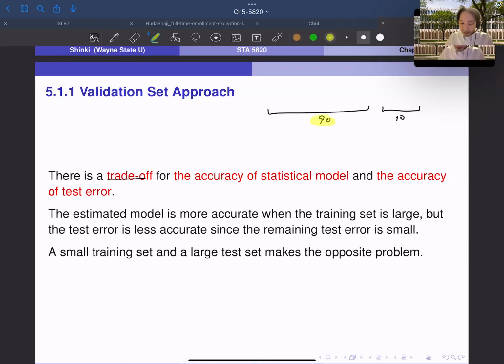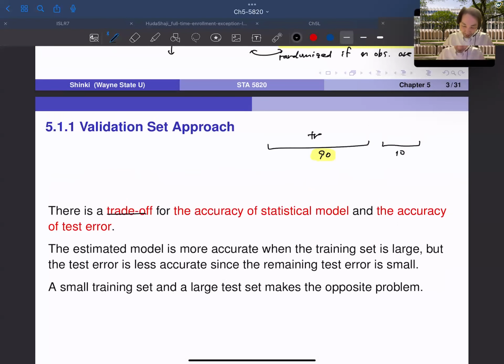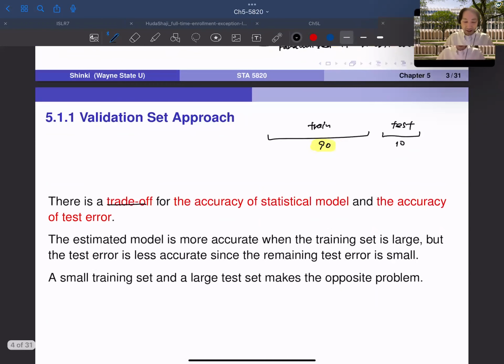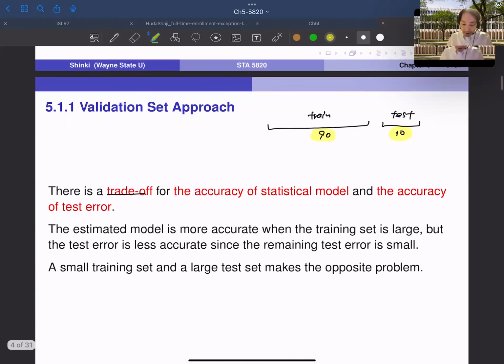The good thing is you use most of the information to fit the model. But you have to evaluate the performance of the model, and if we only have 10 observations to evaluate it, then that is just a gamble. It really depends on the characteristics of these 10 observations. So the estimated model is more accurate when the training set is large, but the test error is less accurate since the remaining test set is small.